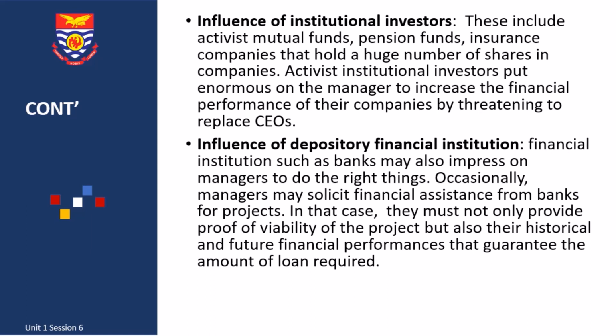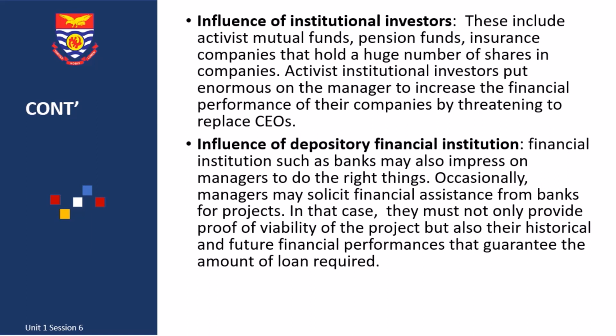Another factor is the influence of depository financial institutions. Financial institutions such as banks may also impress on managers to do the right things, because these managers may solicit financial assistance from the banks, and the banks may require a financial statement that shows that the company is performing.